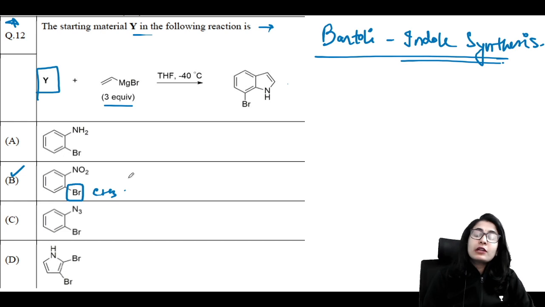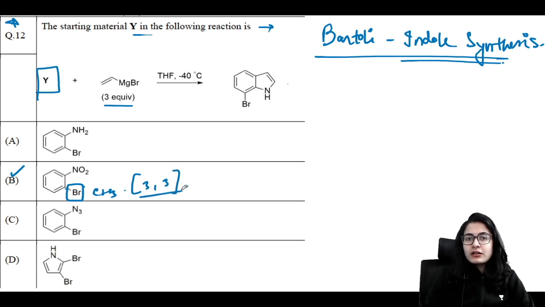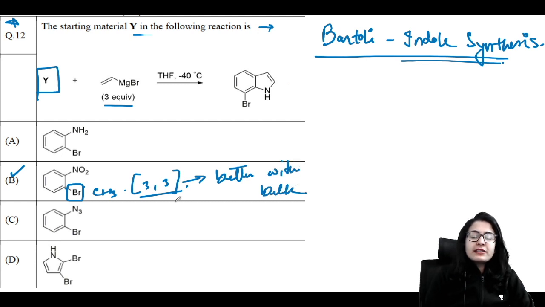This reaction will only happen if you have ortho substituted nitrobenzene. If you don't have an ortho substituent, then plain nitrobenzene would not do this reaction, because the 3,3 sigmatropic step which is involved in this mechanism requires some bulky group present on the ortho position. This takes place better with bulk. So that is why some ortho substituent is required for this.